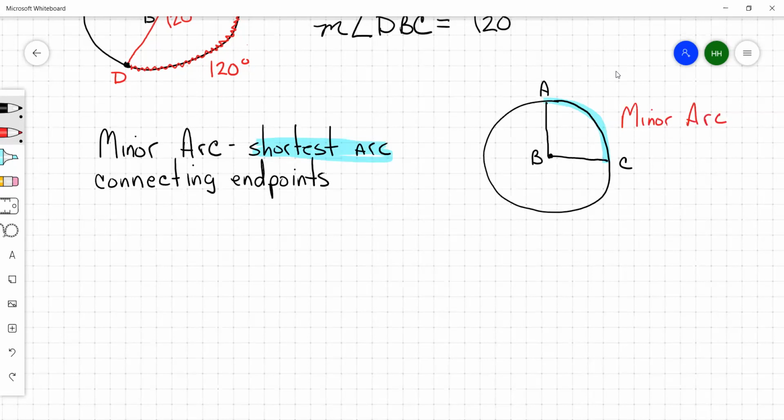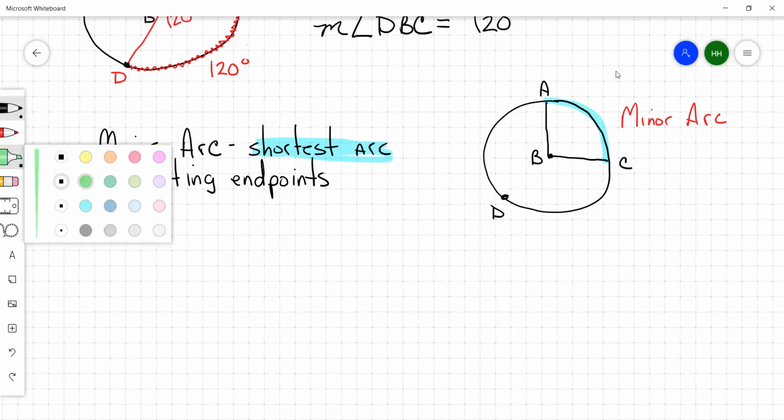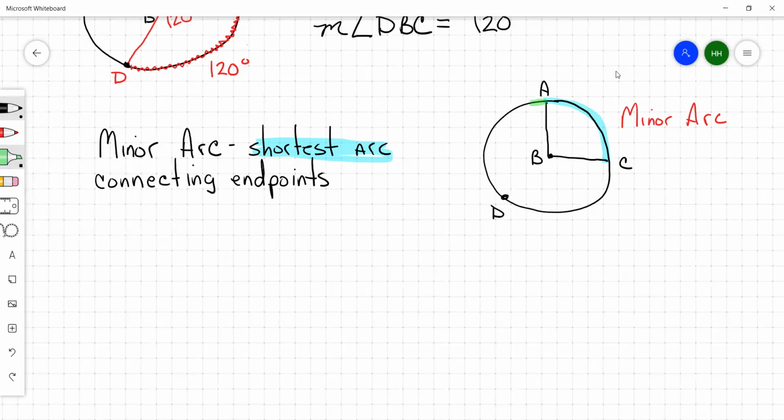There's another arc in this picture. The other arc starts at A, it ends at C, but it goes through D. So if you can picture this arc, it starts at A, it goes around the back of the circle, or the left side of the circle, through D, and it ends at C. That's called a major arc.